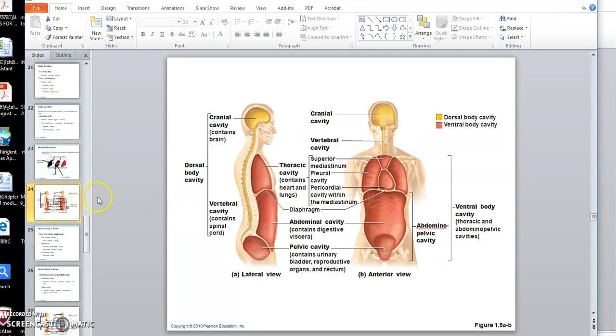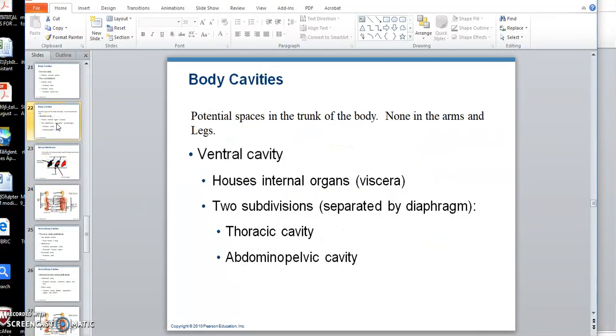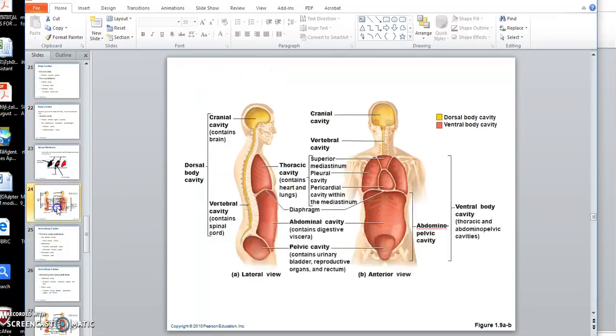Okay? So again, when we go to our body cavities, we have a ventral cavity and we have a dorsal cavity. This would be the dorsal cavity. So the dorsal cavity is made up of the cranial cavity and the spinal cavity. Then when we go to the front, we have the ventral body cavities. We separate them like this.